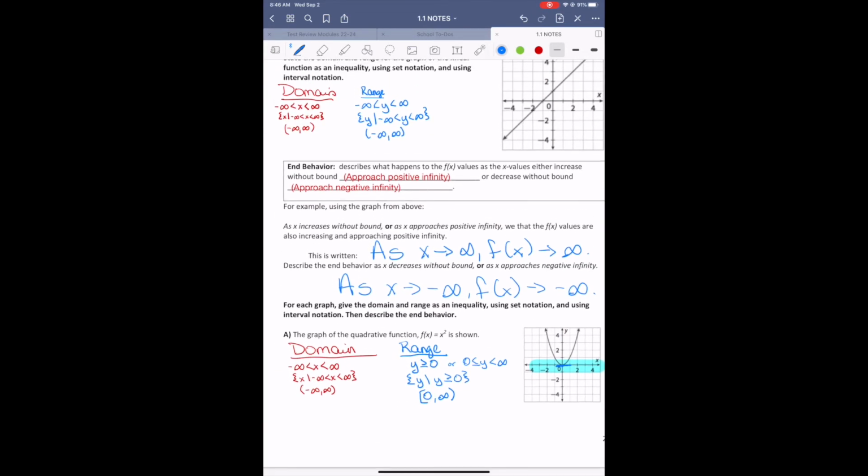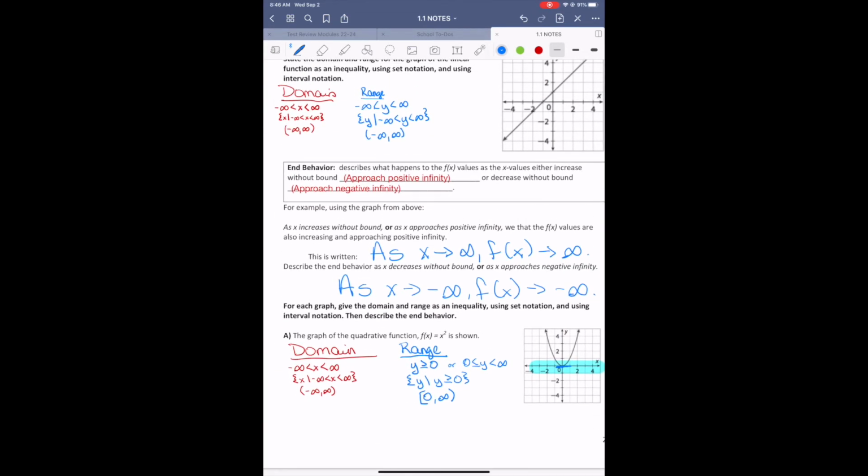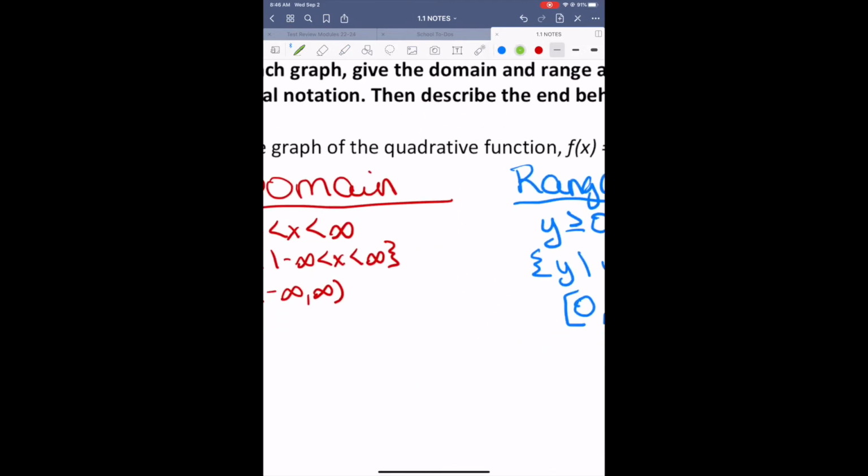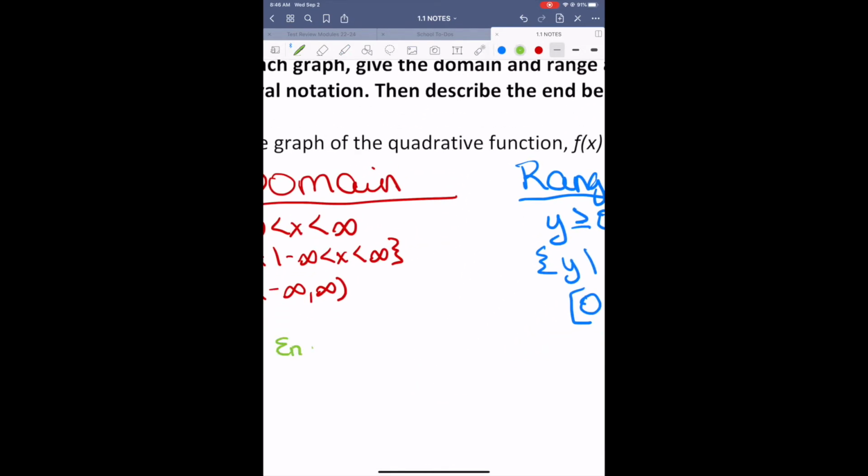Okay. Now, end behavior. Let's talk about end behavior for this one. Okay. We're going to do some restrictions here, or we're going to attempt to do some restrictions. So first of all, let's write end behavior. Here's the thing about end behavior. End behavior will be written the same way 99.9% of the time.